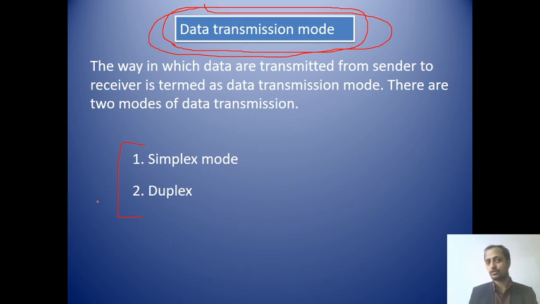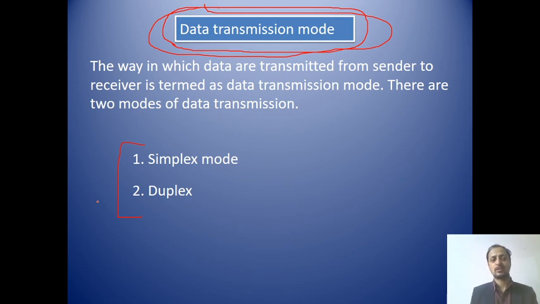There are different technologies which implement one of these two data transmission modes, for example television, radio, internet. In all these technologies, data is transmitted from sender to receiver. In some of them, data is transmitted in one direction only.